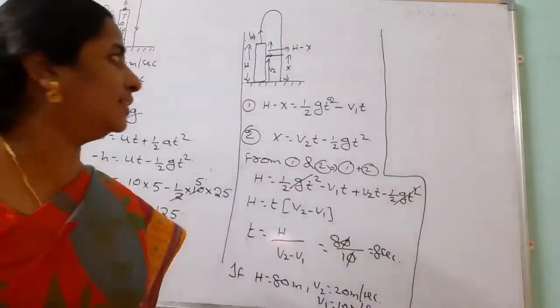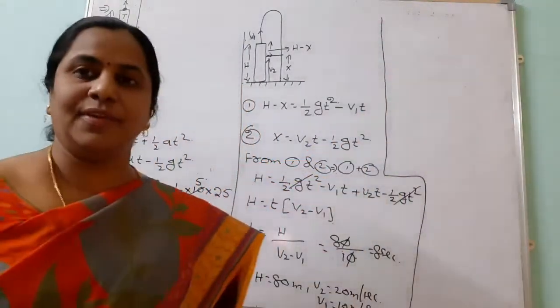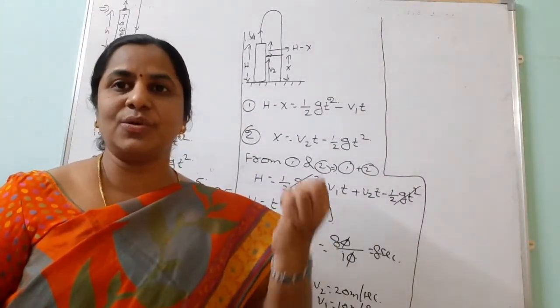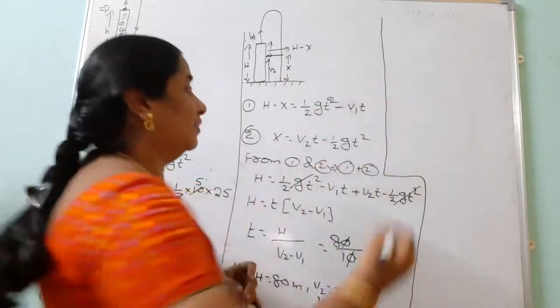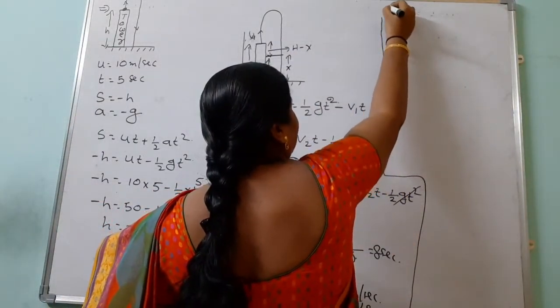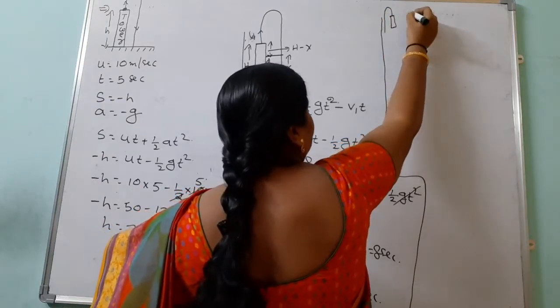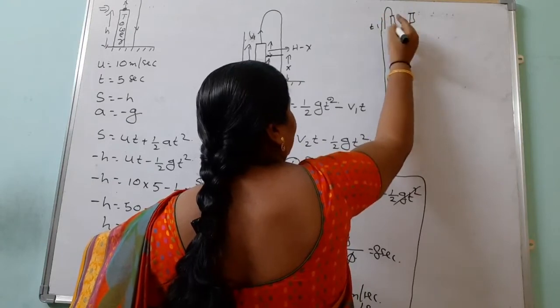Then our next question is, we are taking 3 stones here. One stone is projected vertically upwards from the top of the tower. Look here, first stone is projecting vertically upwards. It will take t1 seconds to reach the ground.